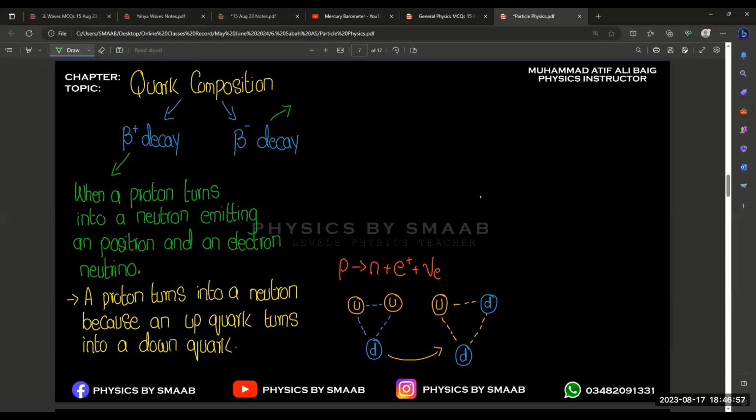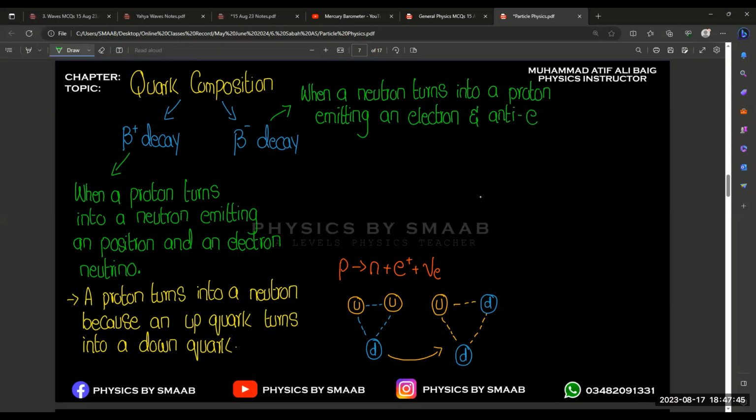In beta negative decay, when a neutron turns into a proton, it will also emit an electron and an anti-electron neutrino.